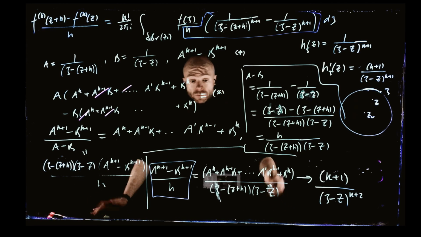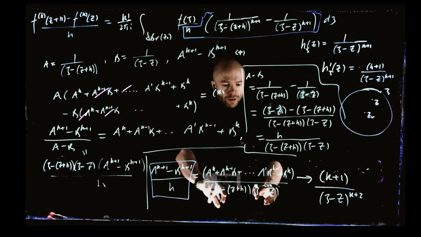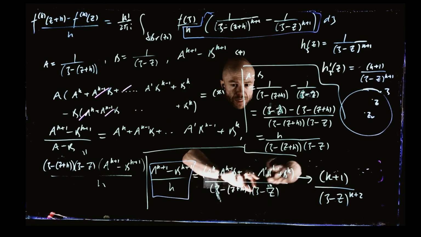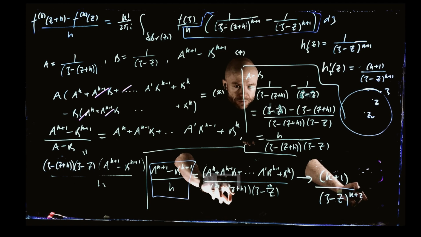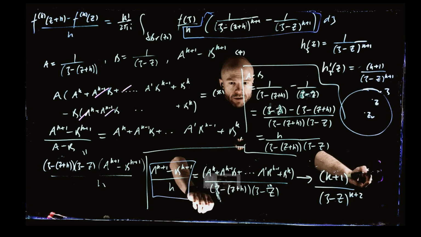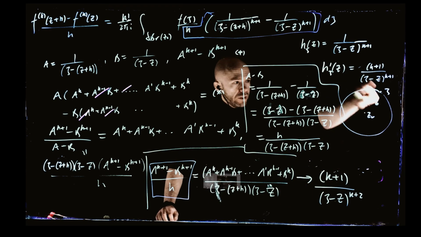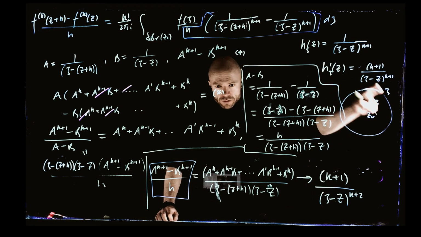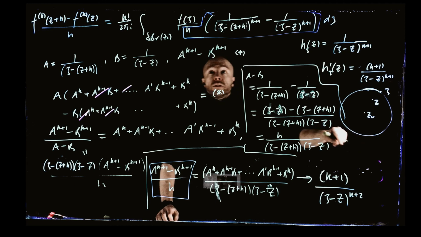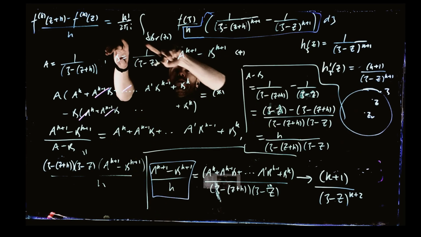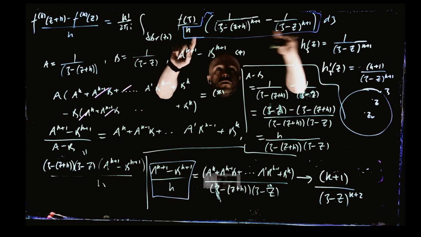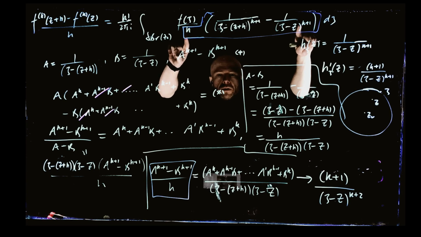Okay, so we're at the point of showing that this tends to this expression, right? As h tends to 0, and my claim is that we can have this uniformly be true for every zeta inside the circle. So that means that we can pass to the limit through this thing. And I'll show that in a second.